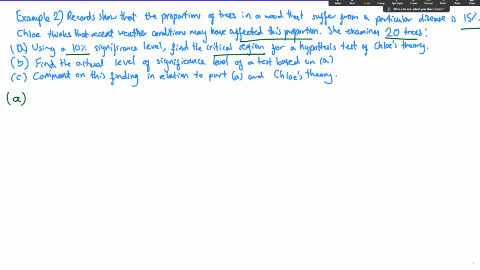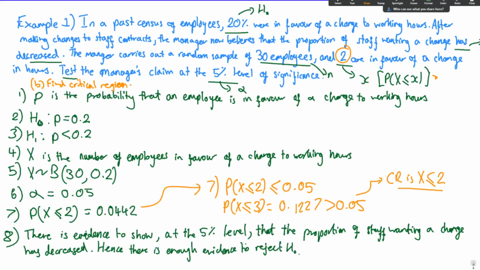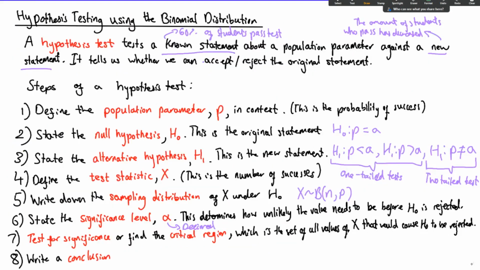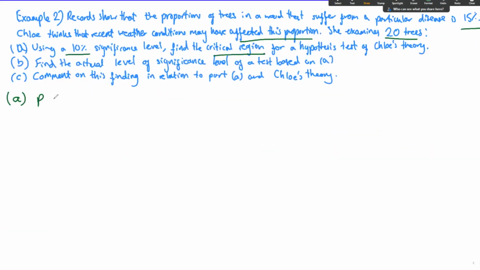So what we're doing is we're just going to go through the different steps. Let's start by defining the probability parameter. So the probability parameter is the probability that a tree has a particular disease.